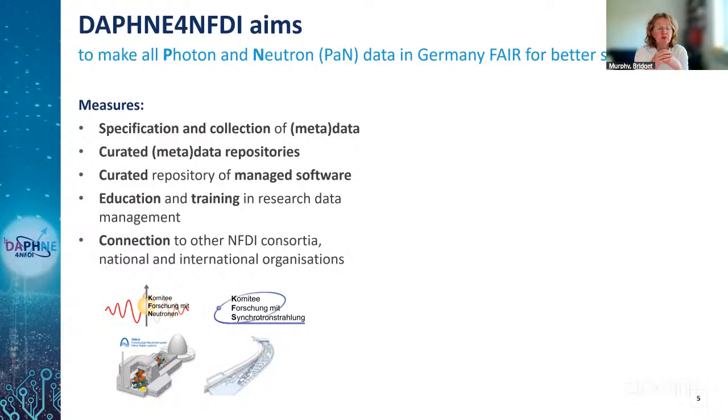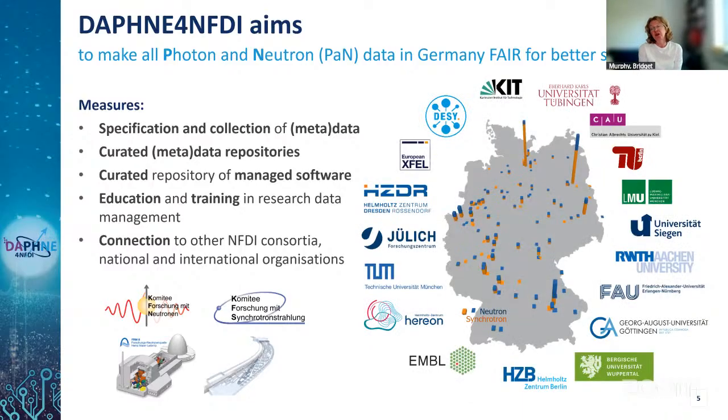From the user point of view, and then from the facility point of view, then also the facilities within the German community, the large-scale facilities, which are mostly based at Helmholtz centers, and they provide research data management tools and structures. And we come together with this group of people, which is a collection of users across the universities and the Helmholtz, the large-scale facilities, so that we have DAISY.